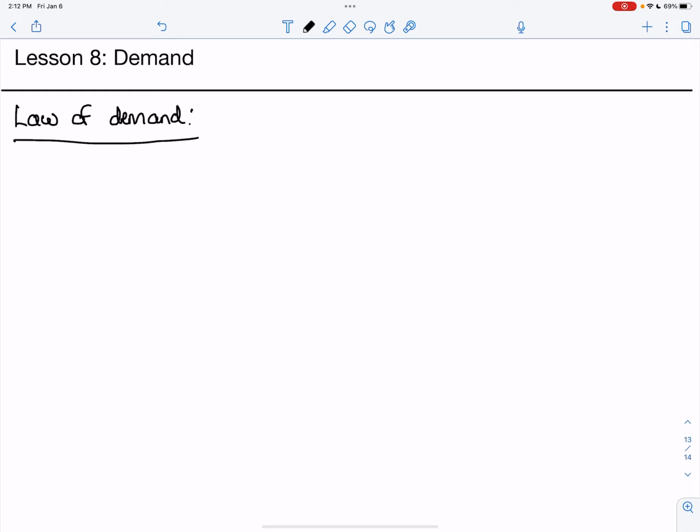Okay? The law of demand says that all else being equal, when the price of a good decreases, then the quantity demanded of that good, quantity demanded just means the amount of that good that consumers want to purchase, will go up.